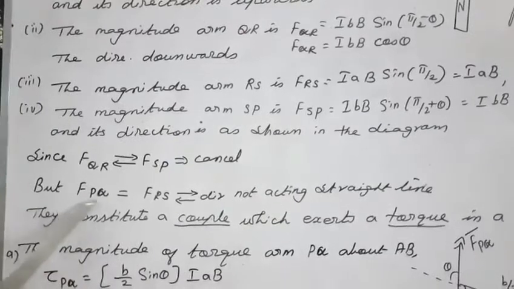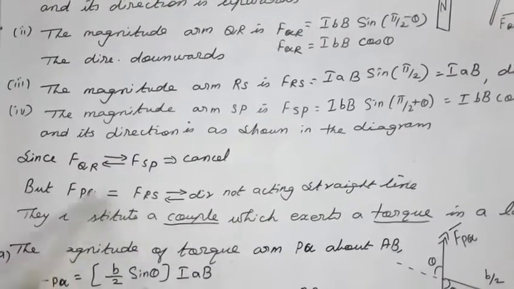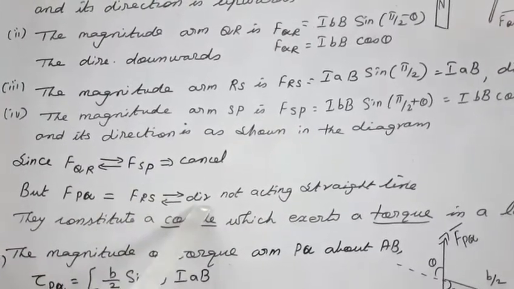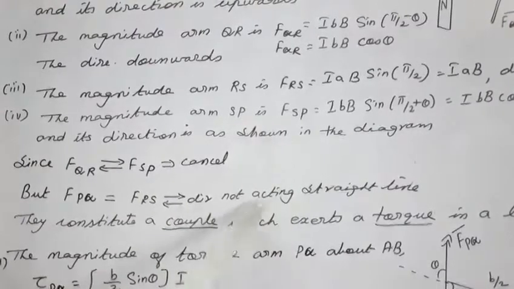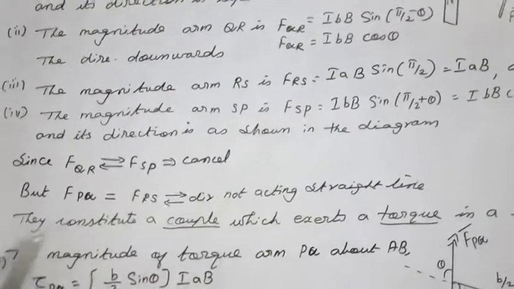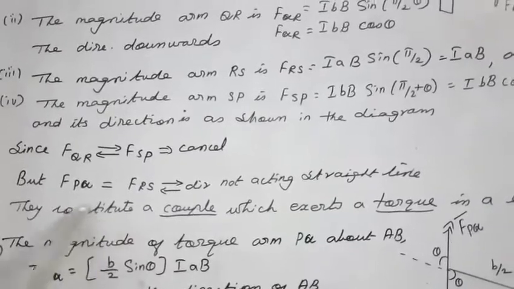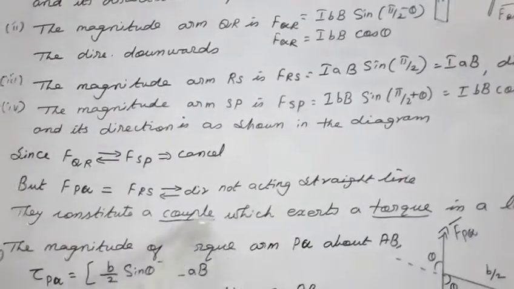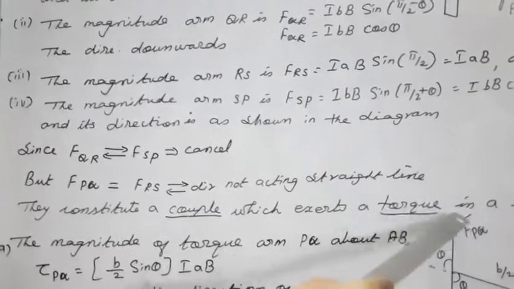But the forces F_PQ and F_RS, which are equal in magnitude and opposite in direction and not acting along the same straight line, therefore constitute a couple which exerts a torque on the loop.